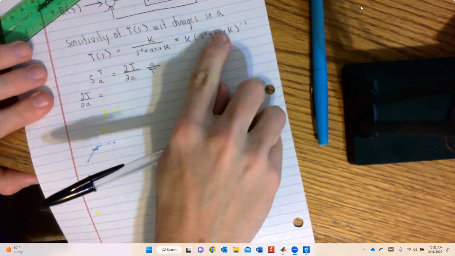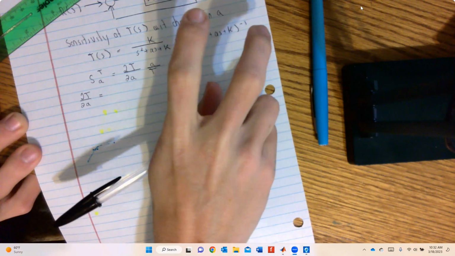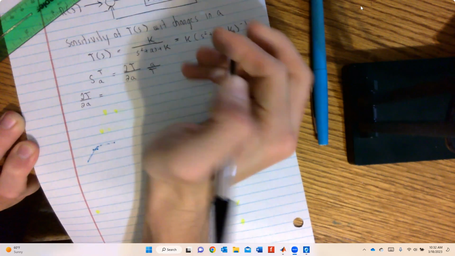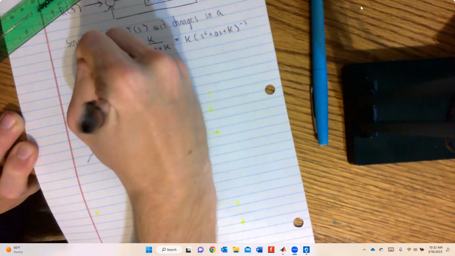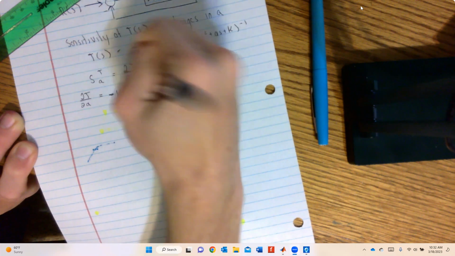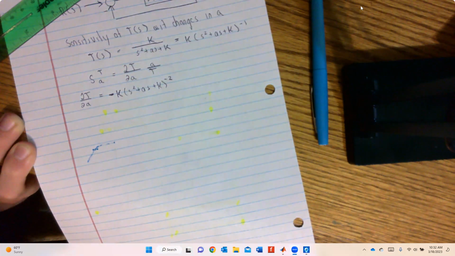Taking the partial derivative, we have two things: the first times the derivative of the second. We take the first, so -K, then S squared plus A S plus K, and we make this a -2 by decreasing the power by 1.